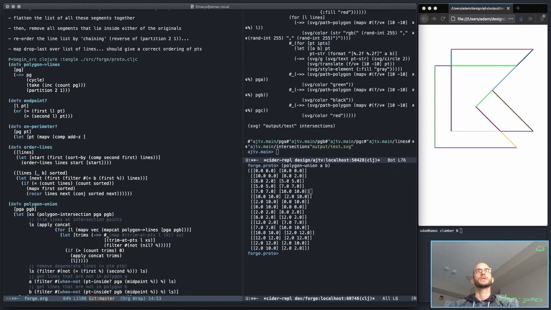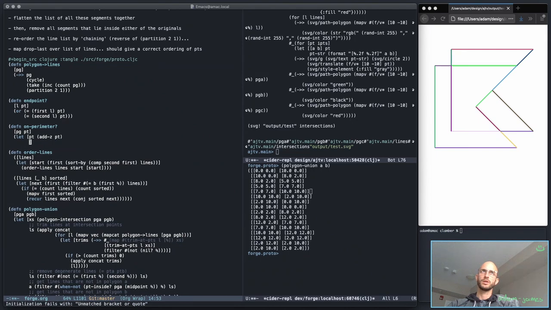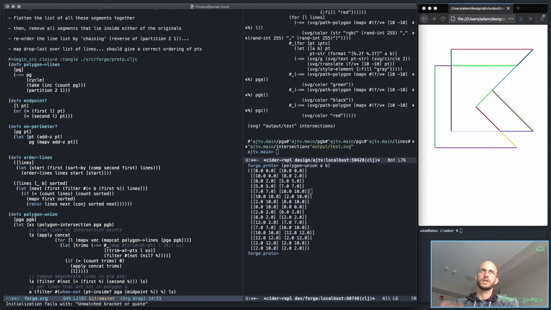No, what am I doing? Point add z point. Then pg is map v add z point. So I get 3D points, and then here I should be able to just do filter online.